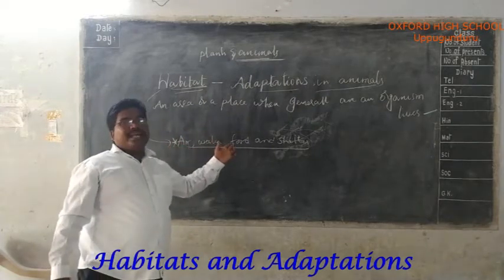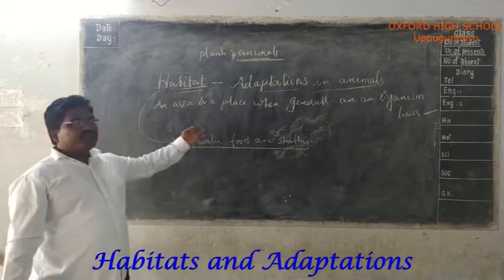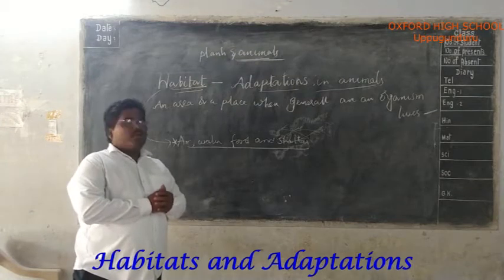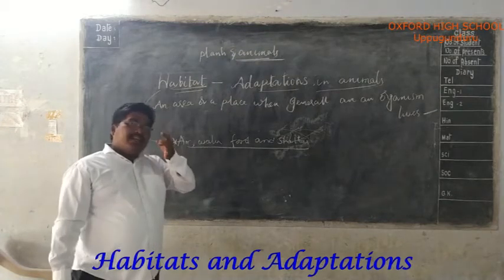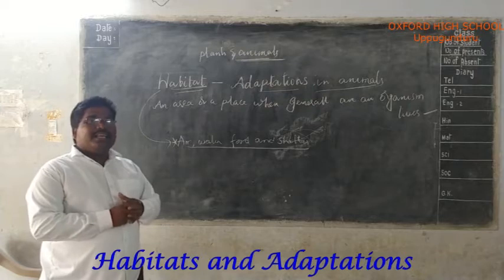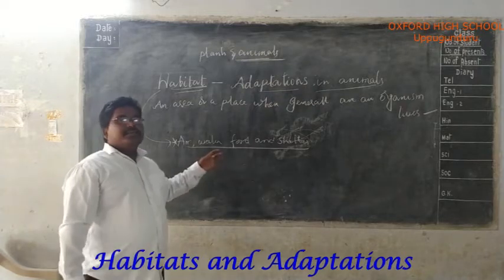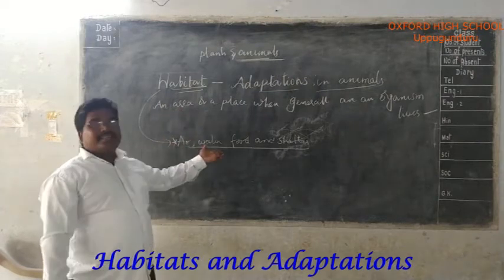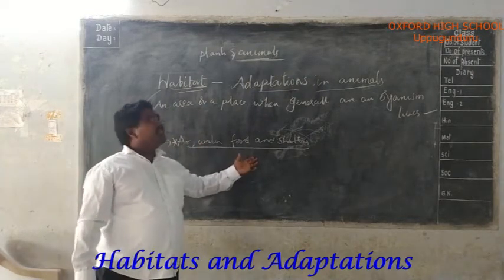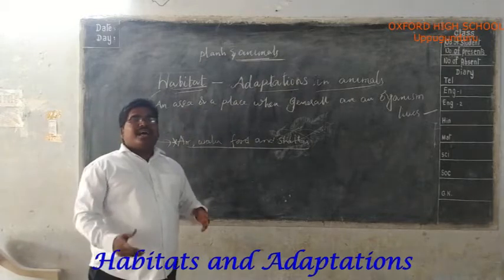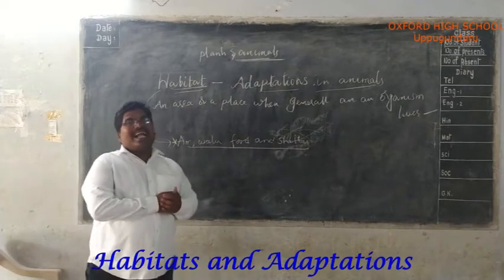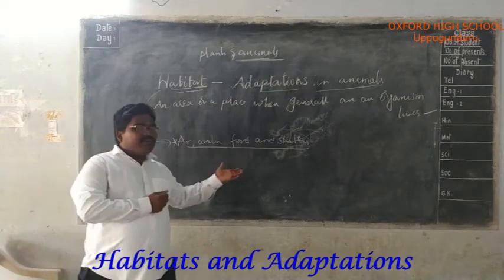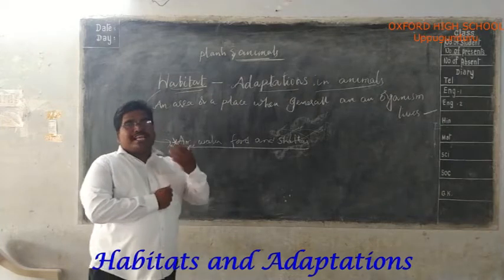Because of the conditions, what they are getting from the surroundings, those animals have a bond with those places. So the place where an animal can get all these useful substances is called habitat. There are different types of animals, and they have different types of habitats. So in our lesson we are going to discuss different types of habitats.